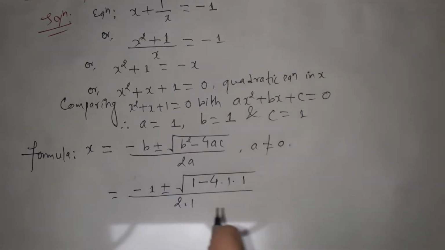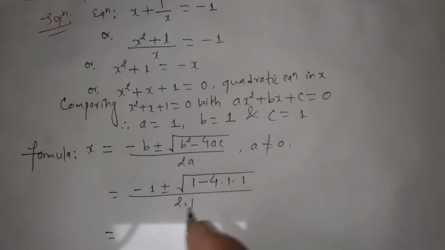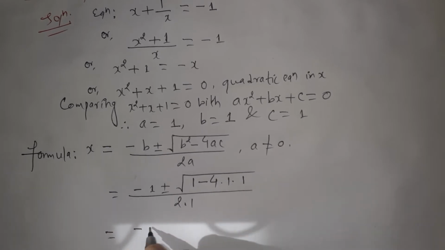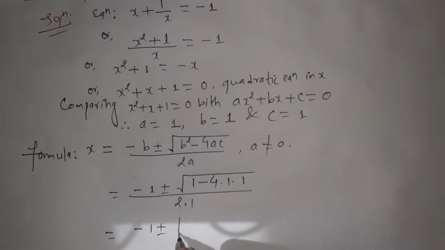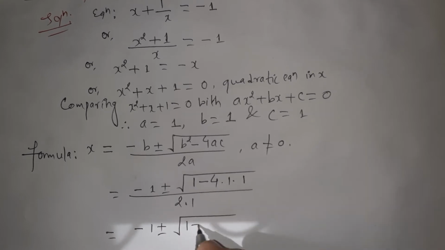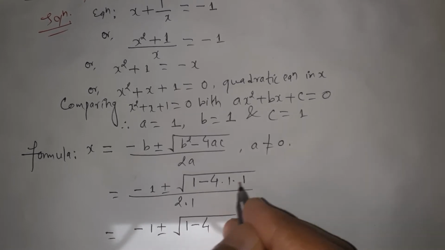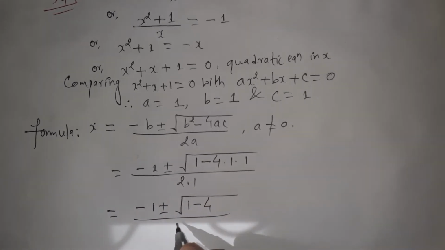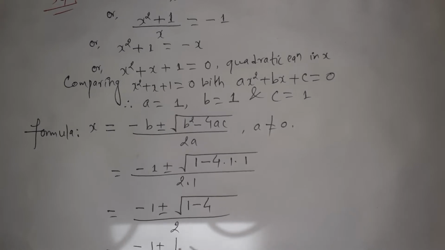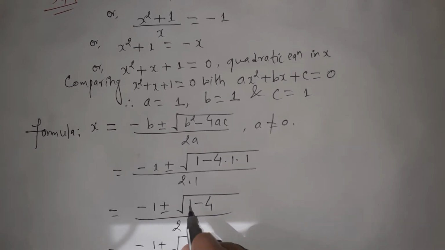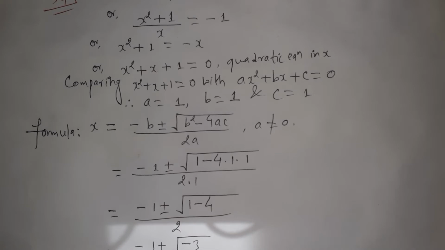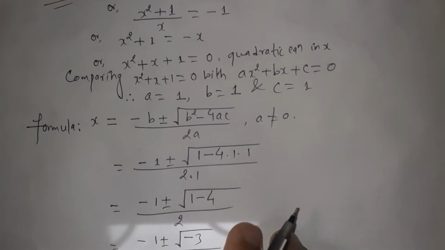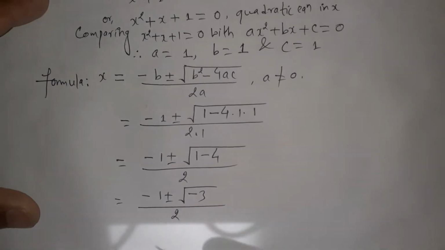Now simplifying this expression, it is -1 plus or minus square root of 1 minus 4, divided by 2 times 1, which gives 2. In the square root, 1 minus 4 gives -3, over 2.